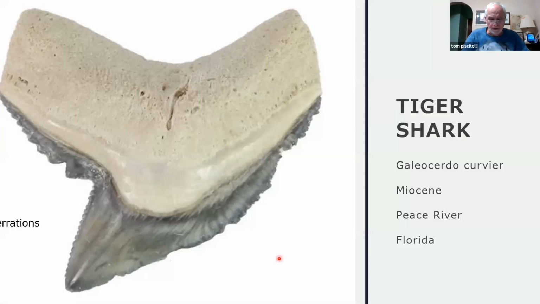Some crowns have smooth, sharp edges. Others have jagged, sharp cutting edges, like on a steak knife or a saw. The technical term is serrations. Serrations may cover only a portion of the full length of the crown. On some teeth, like the tiger shark shown above, the serrations stop before the tip.